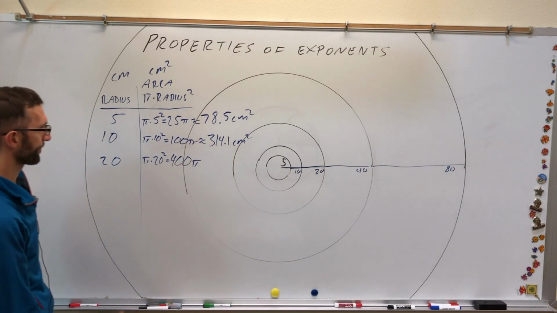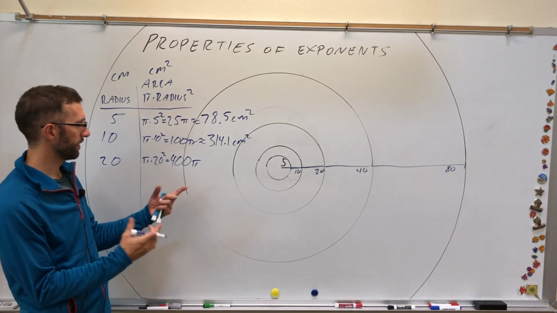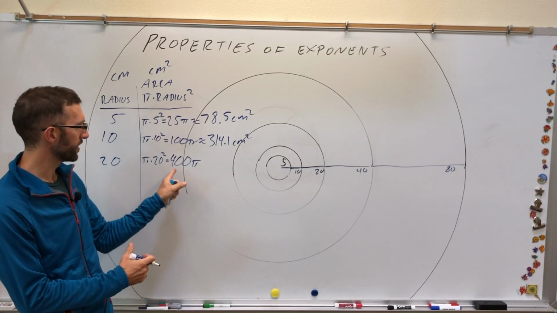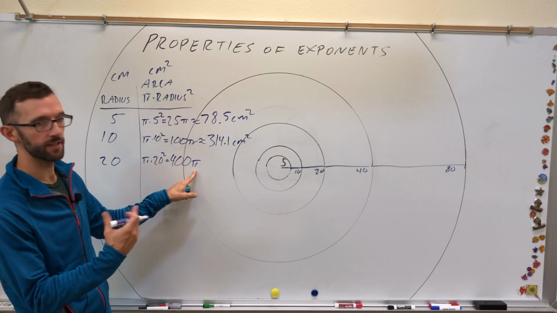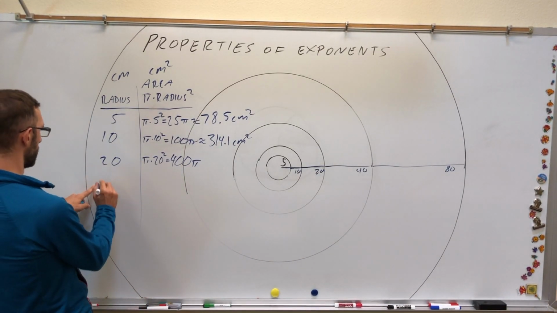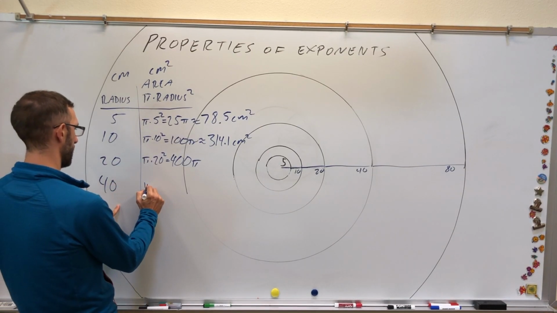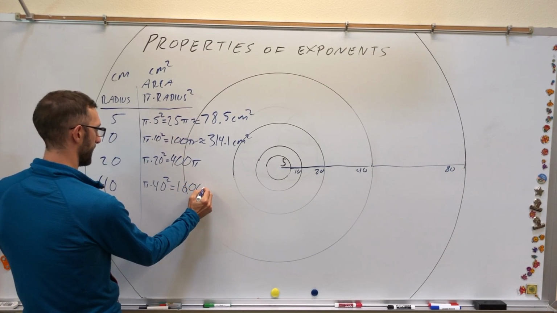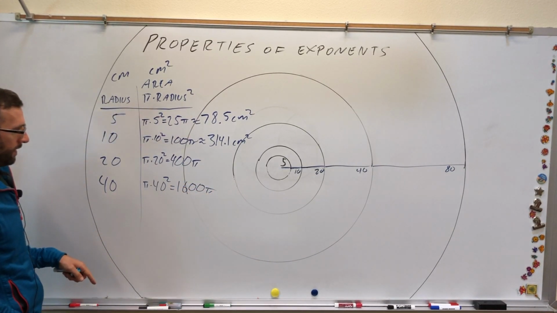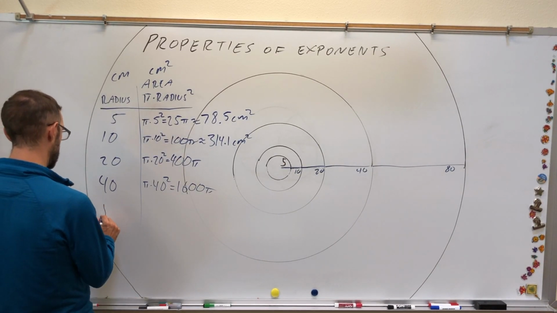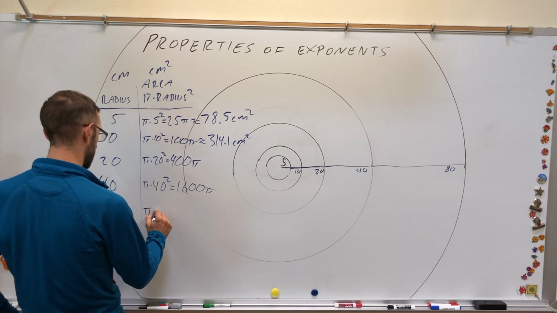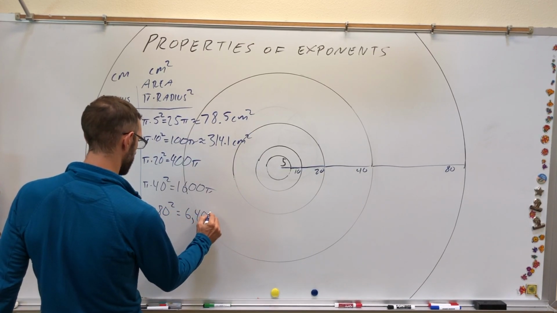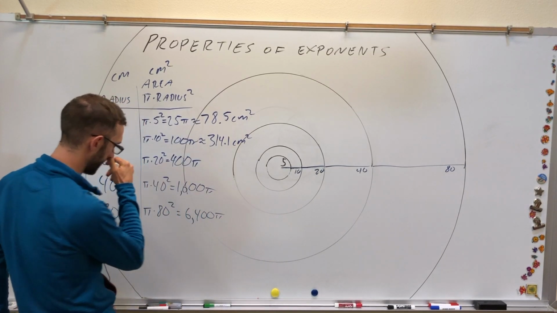This is the exact value; we're not going to look at the approximate value, but you could just take 400 times 3.14 and get your approximate value. Then we go up to 40, and we get pi times 40 squared, which is 1600 times pi. And the other one, 80: pi times 80 squared, which is 6,400 pi. There we go.